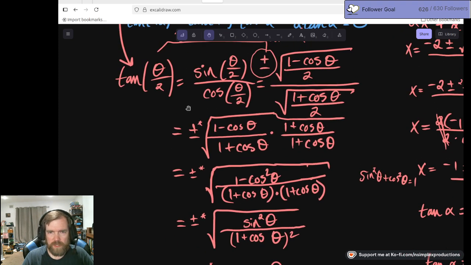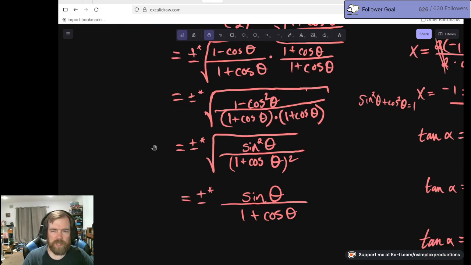This was going to be based on whatever quadrant you end up in, so the plus and the minus out front just depended on which quadrant you were in. I guess now that we have our sine and our cosine, that determines what the quadrant's going to be, so we wouldn't actually need it at this point.